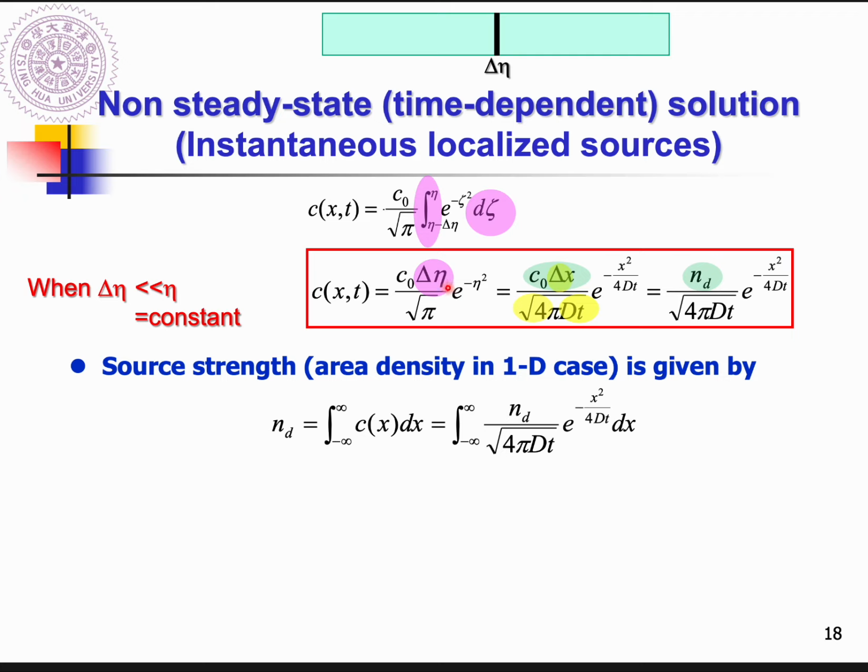Okay, so let's move back here. Based on this, we know the concentration profile of diffusing atoms in a one-dimensional diffusion case can be expressed like this, right? And the ND is related to the source strength of the diffusing atoms. Some people probably wonder, Professor, in most cases we know the ND, right?